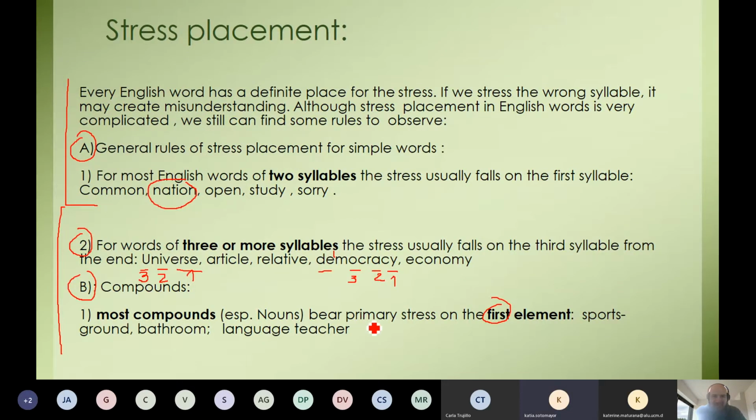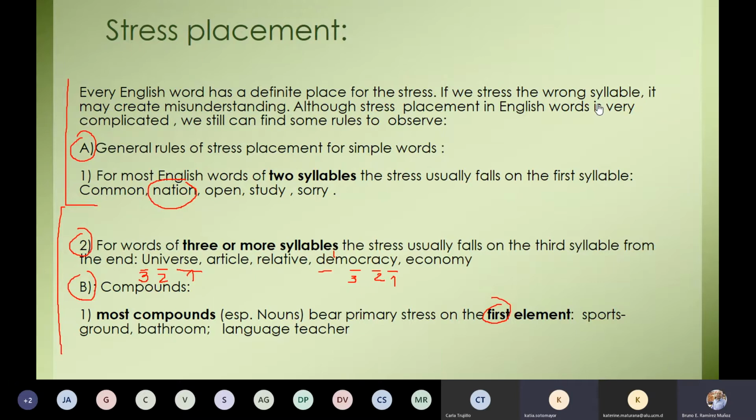Nation. And I did the second rule too, and the most compound, I have one too.